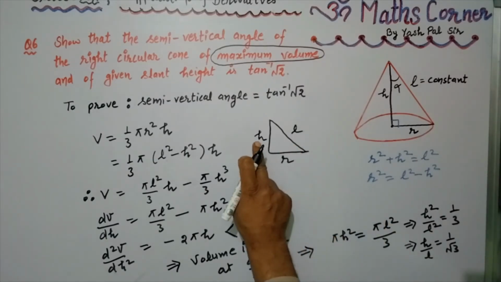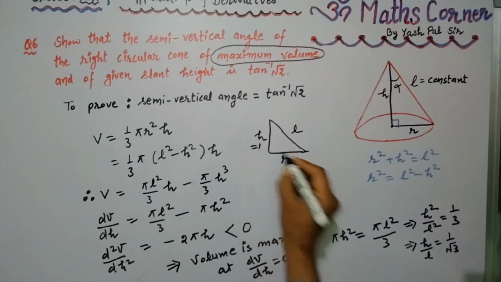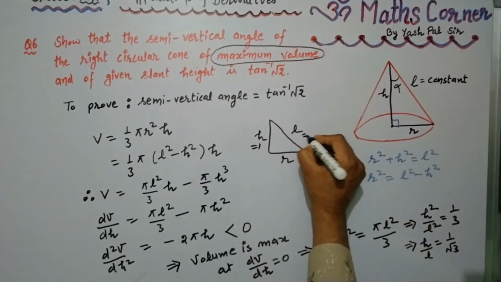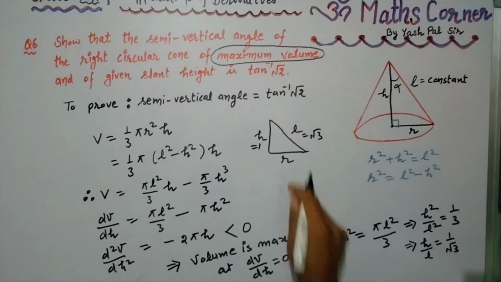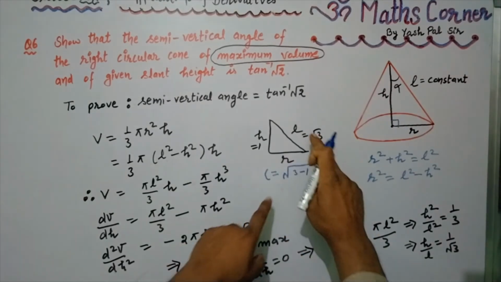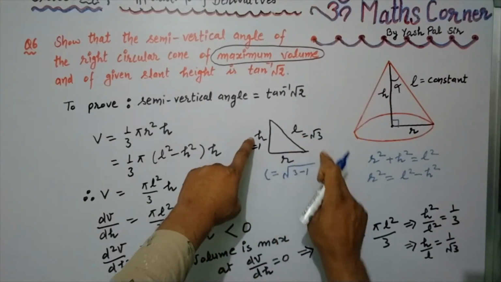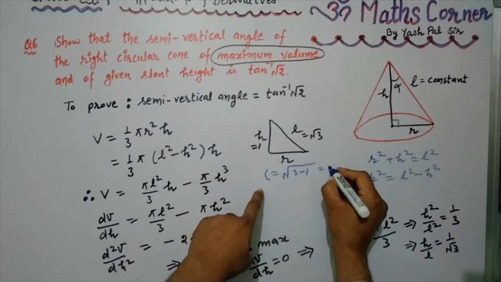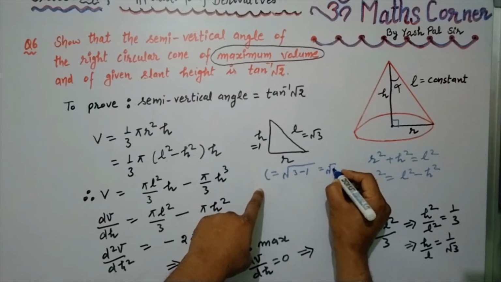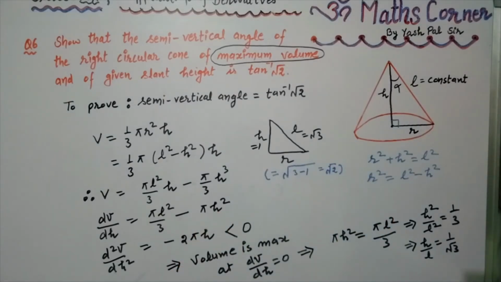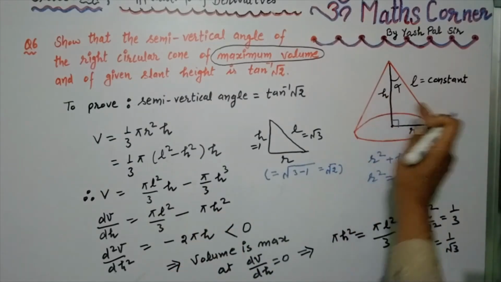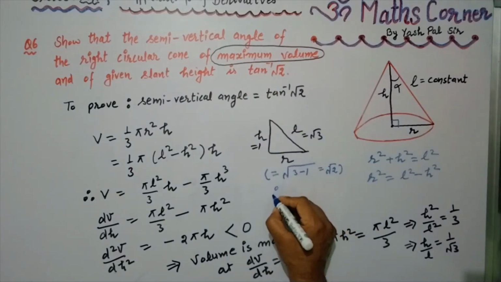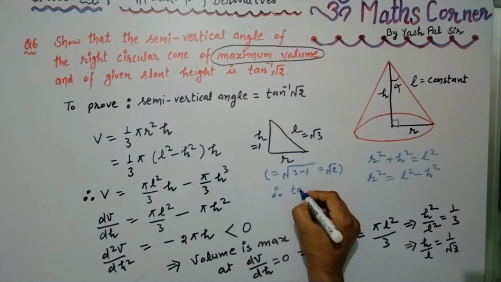So what we have is a right angled triangle, this is h, this is L and this is R. H is 1, L is square root 3, then what is R? R is the square root of L square minus h square, that is square root of 3 minus 1, which is equal to square root of 2.